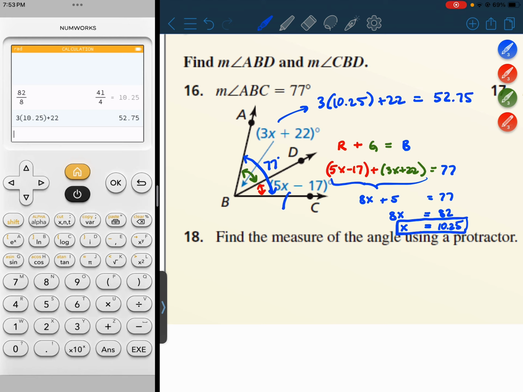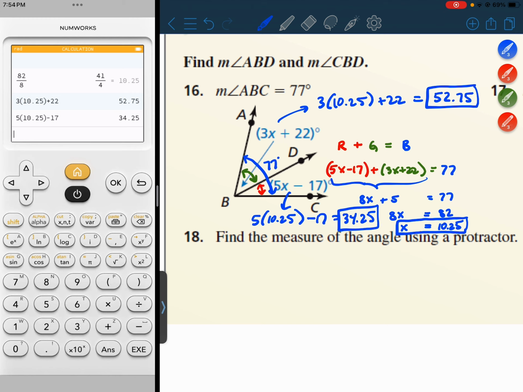And this other one is 5 times 10.25 minus 17, which is 34.25. So that's the measure of the first angle, and that's the measure of the second angle.